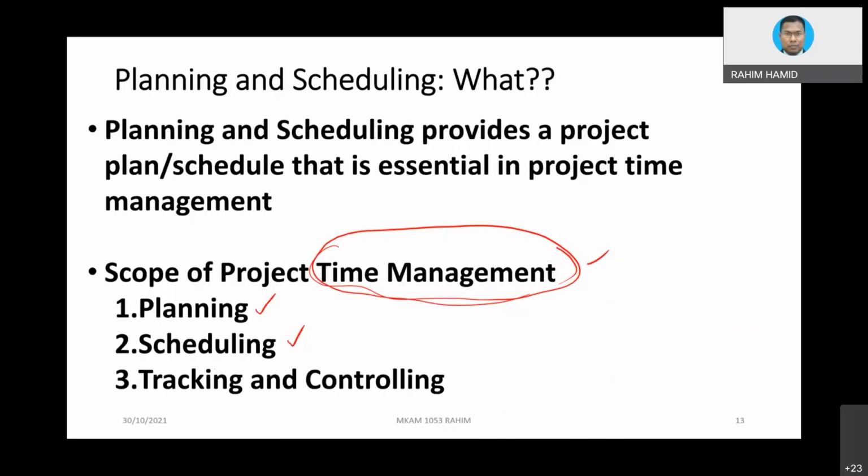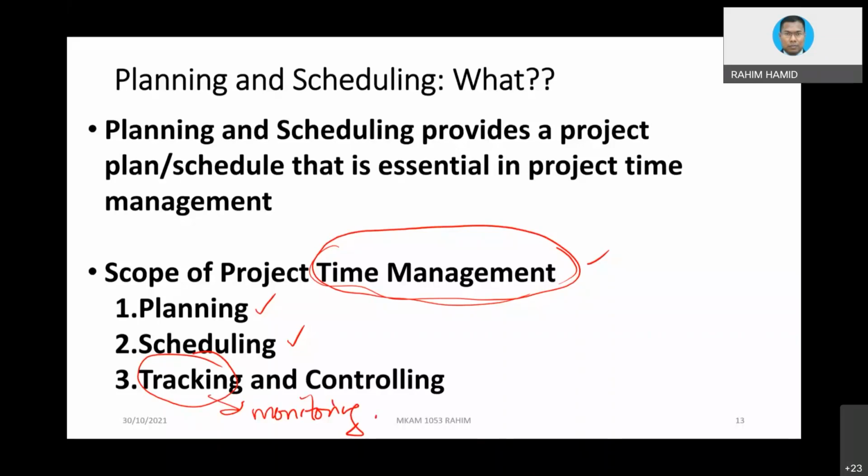So tracking is a terminology widely used in the planning and scheduling field, whereas in project management in general, we can use the word monitoring. In software like Microsoft Project or even Primavera, for monitoring, they call it tracking.